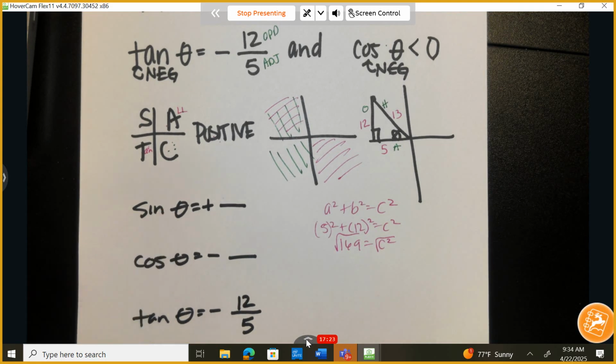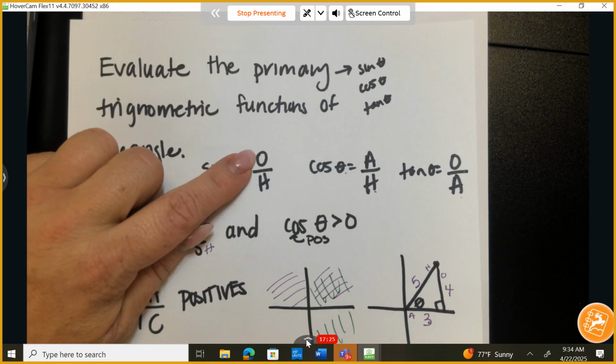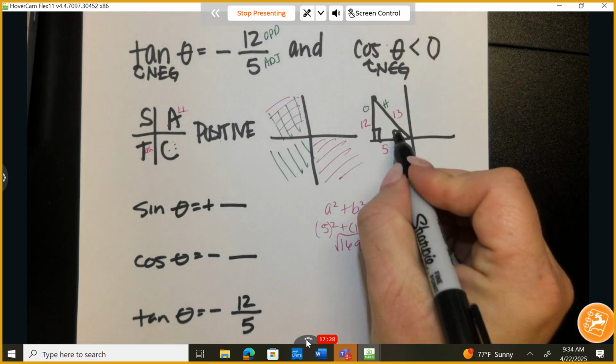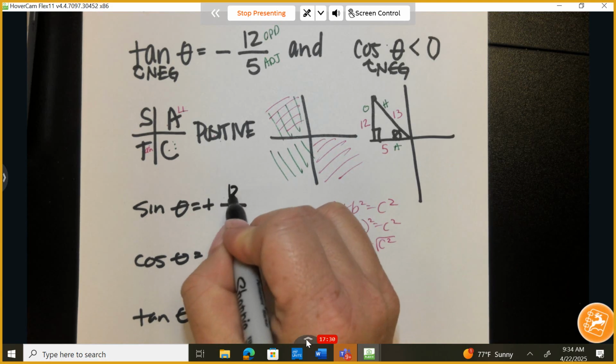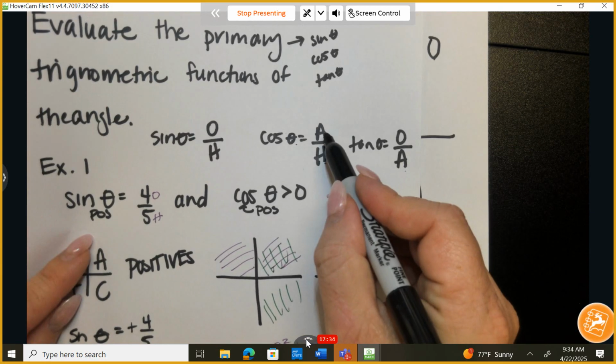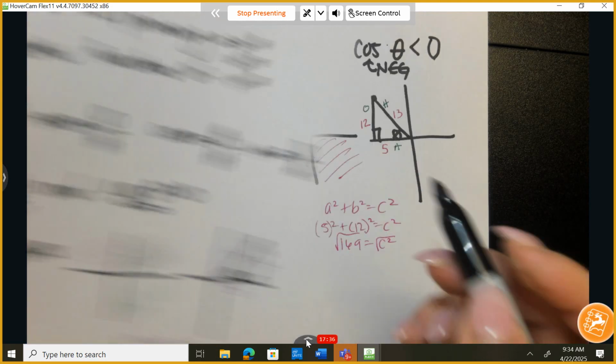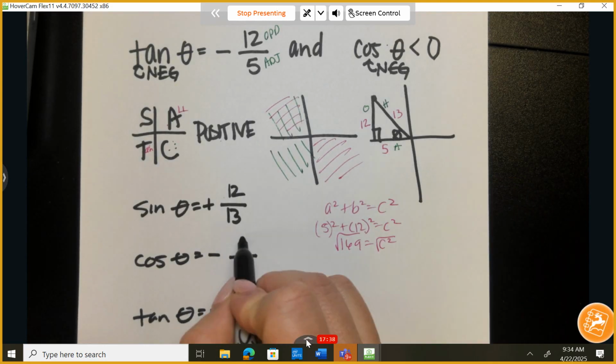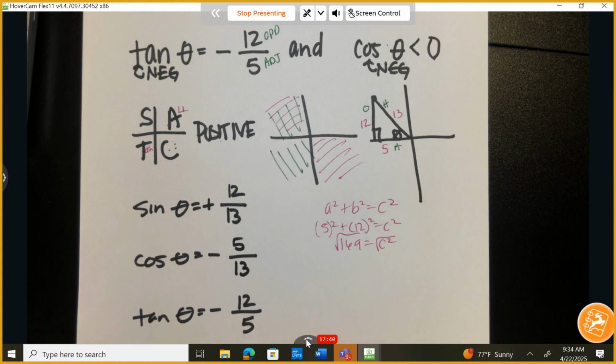What is sine? Well, sine means opposite over hypotenuse. So opposite is 12, hypotenuse is 13. Cosine means adjacent over hypotenuse. Okay, adjacent is 5, hypotenuse is 13.